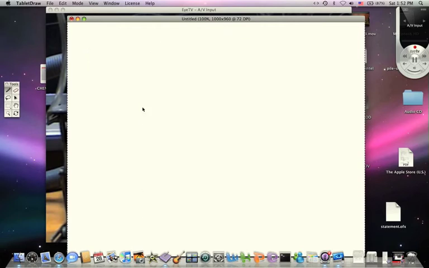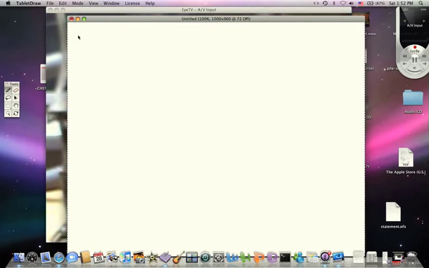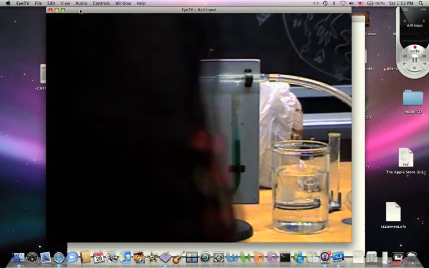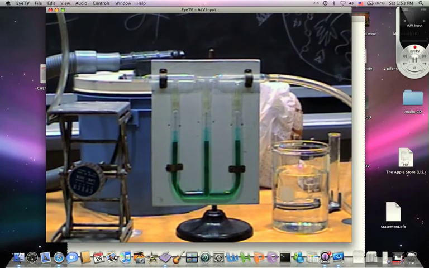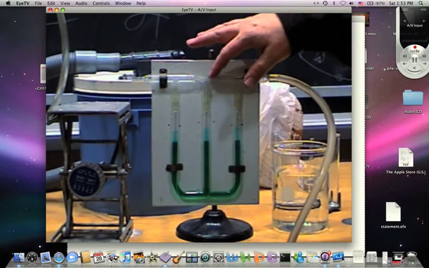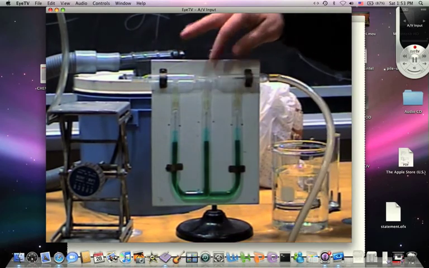Let's try another example, which we saw once before. This is a tube where you blow air through it, and you have some liquid down here. But at this point there's a constriction.